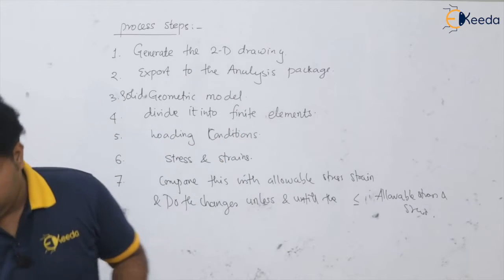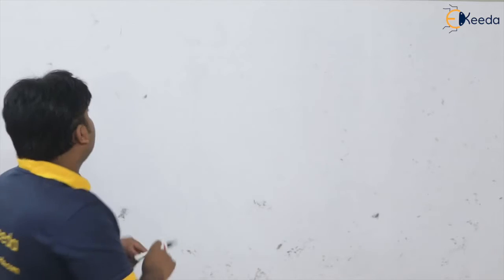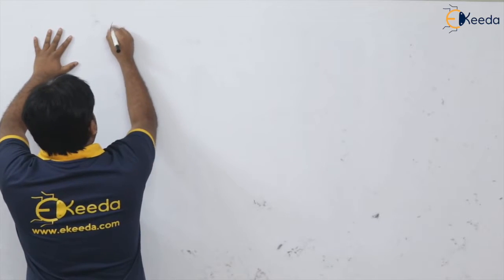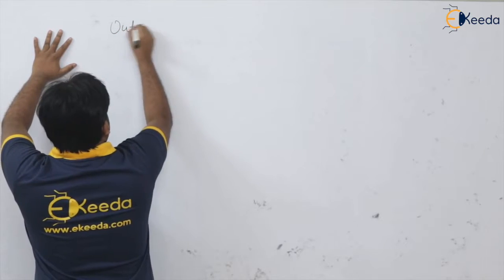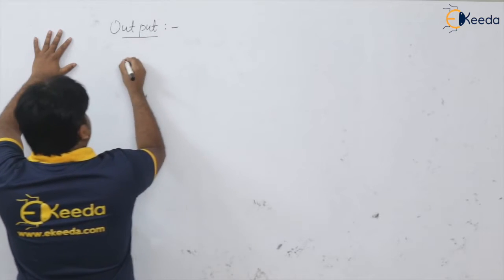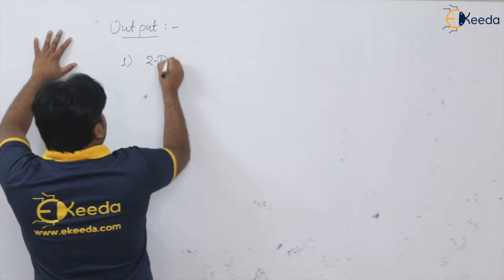And once you have these process inputs, then definitely we are going to look for the output, what output we are going to get. So first of all, what will we get?